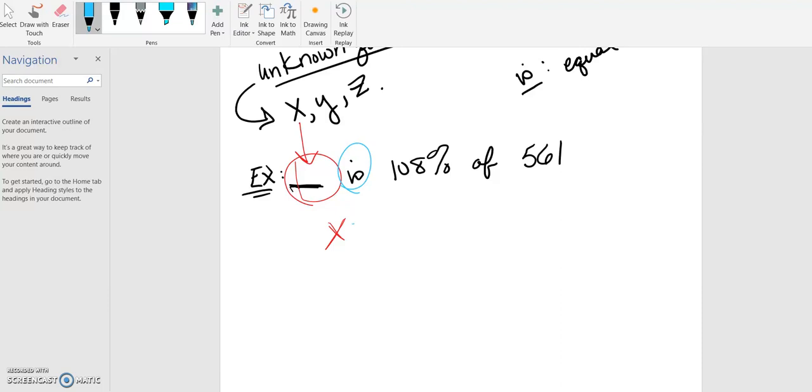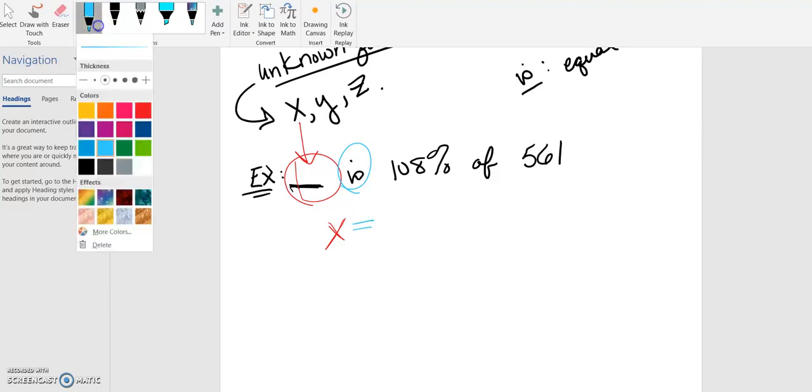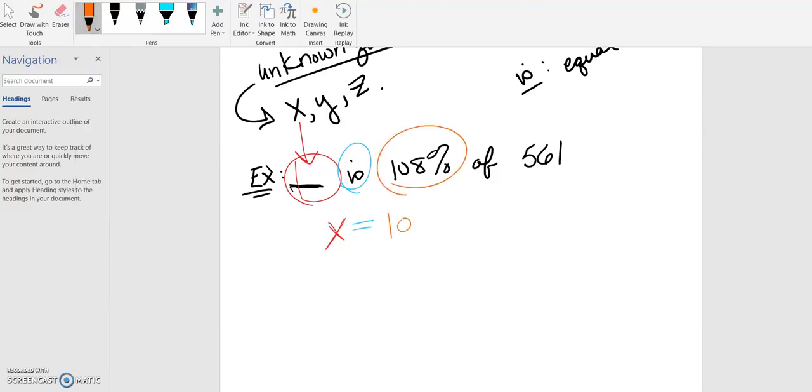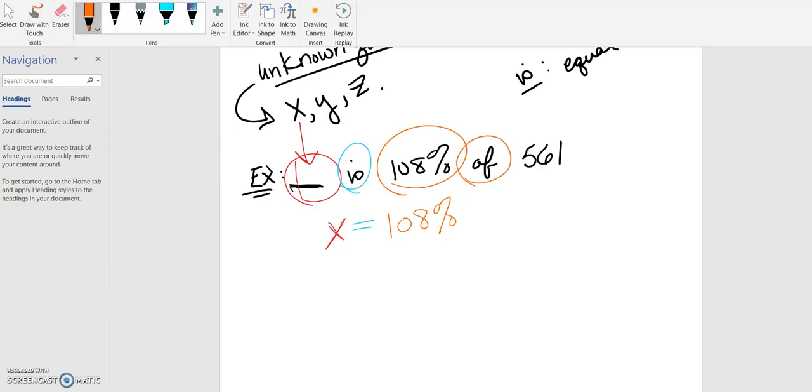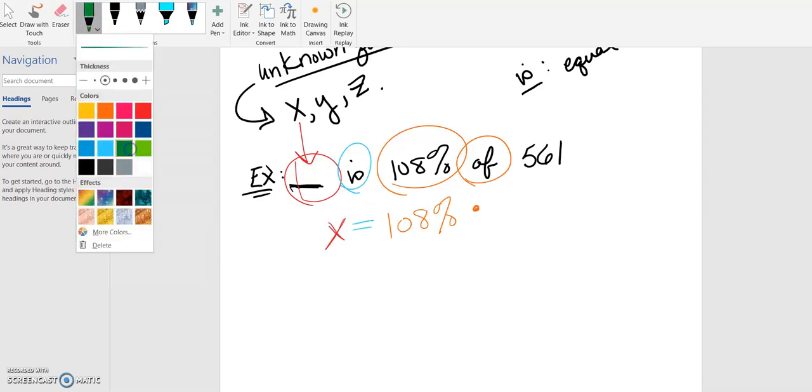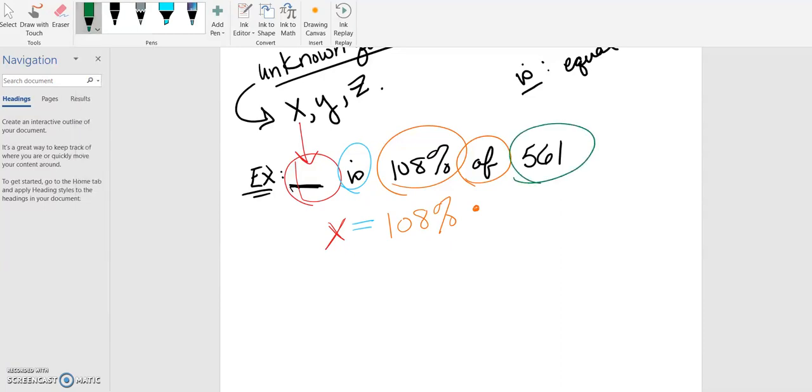So we know that X is equal to 108%. And then of simply means to multiply. I'm just going to use a dot for multiply. I don't want to use your standard traditional X for multiplication because then we'll get it confused with our variable. Of 561.